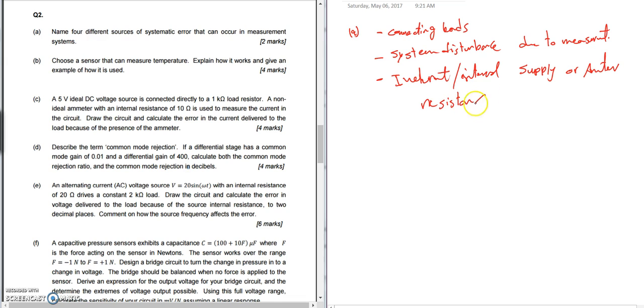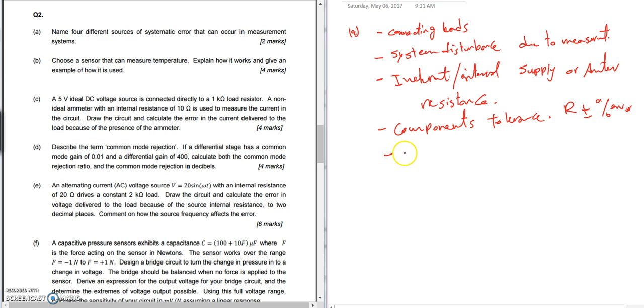So there might be internal resistance in the supply. Also component tolerance, which we discussed in question 1. Tolerance. So resistance does not necessarily have the same nominal value. So R plus or minus percentage error.